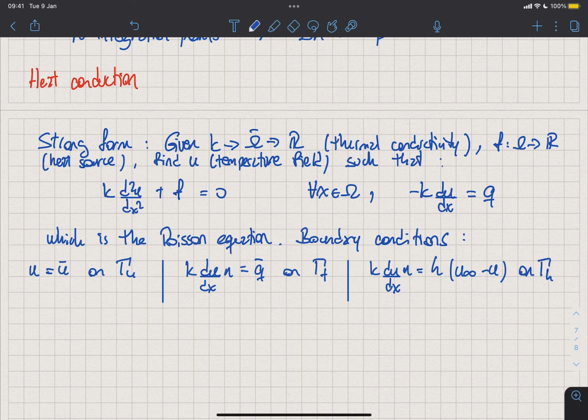On gamma H. And what you see here, this term here is our FEM coefficient, right? And basically this U infinity is our ambient temperature. All right?